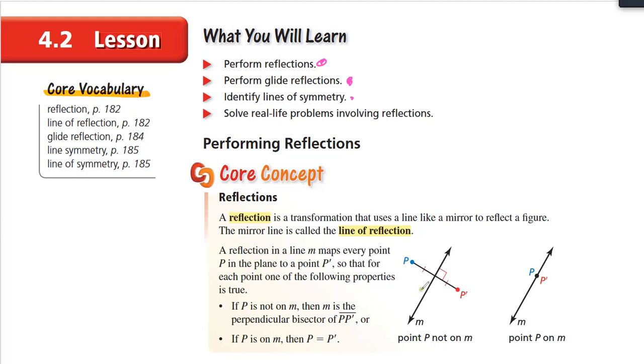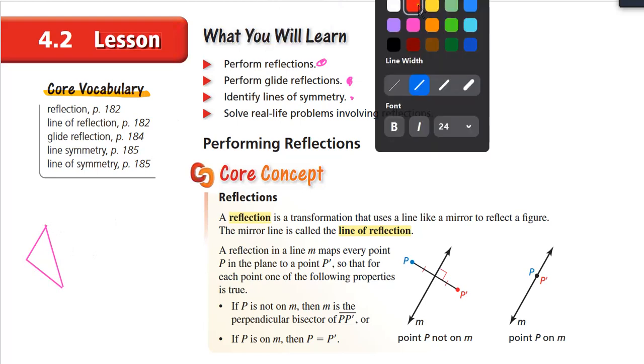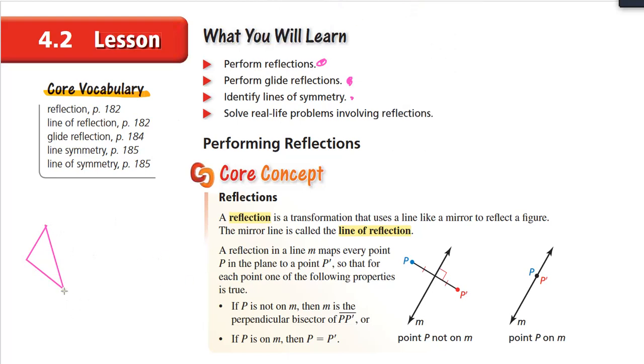Okay, so let's talk about what that means. Let's say we have, so I'm going to draw a little triangle here. There's my little triangle. And I'm going to draw a line of reflection in a different color. Okay. So let's say this is our line of reflection.